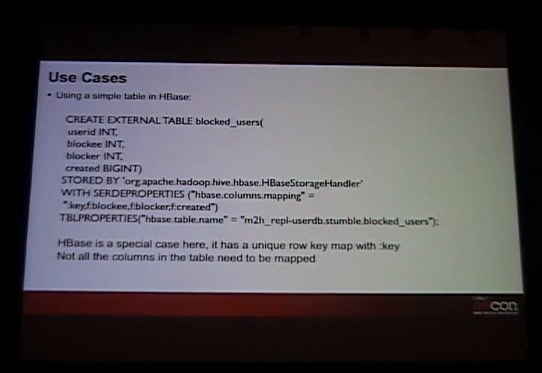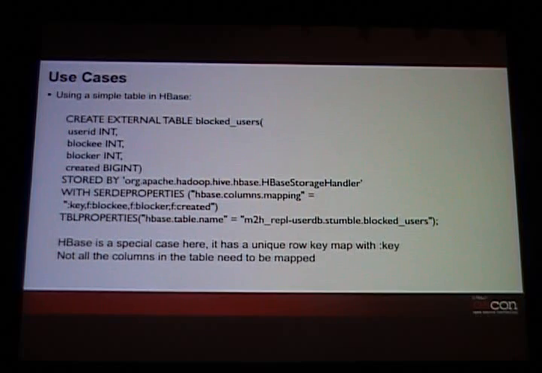In this case, you have to tell the column mappings. And it's pretty cryptic. The first thing that's very important is the key. Unlike normal HDFS files, HBase has unique row keys. It's not really a column, but the row key is stored along with every value in HBase. So in this case, you have to consider it as a column.